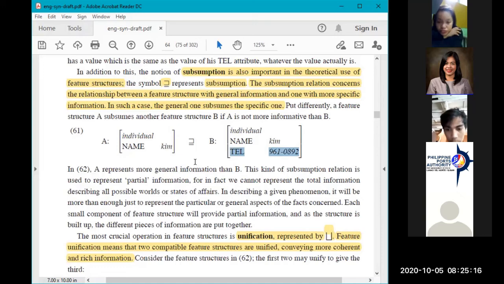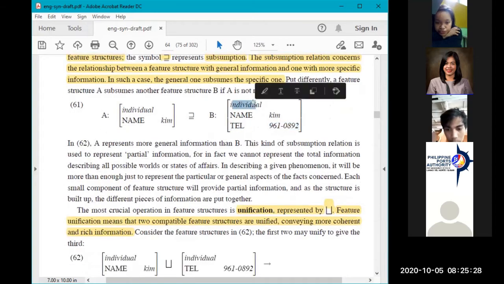Meaning to say, it is just added, it subsumes the other attribute or other value, which is also available, or which is also correct or true for this typed feature.